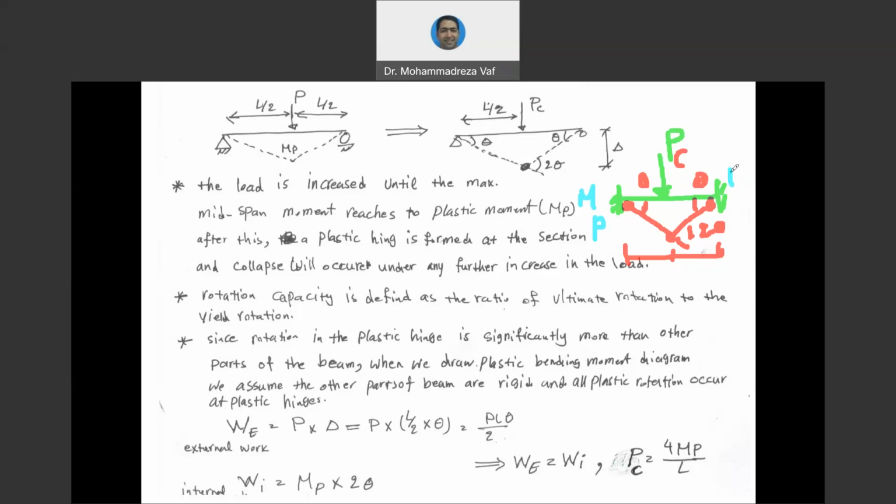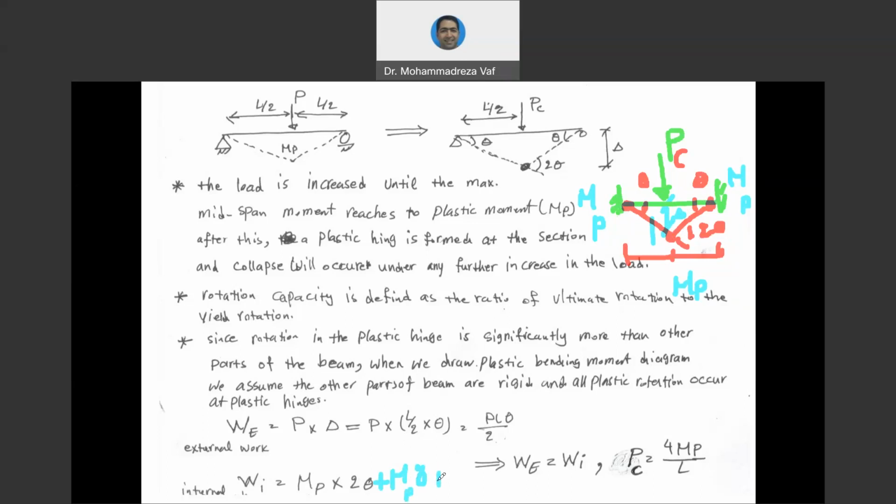However, in this case, since there is no hinge and the hinge is formed due to the bending moment, there is going to be some work done by the hinges in the support. So if I want to write down the internal work, it is going to change my calculation to MP 2 theta, MP theta, and MP theta, meaning these two should also be included in the calculation of the internal work.